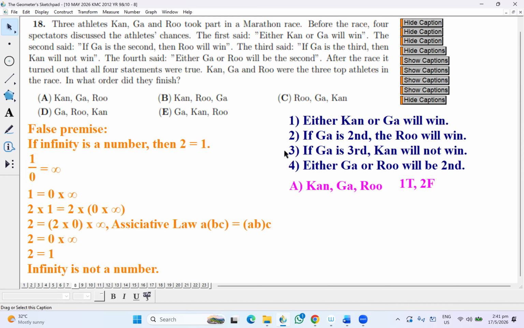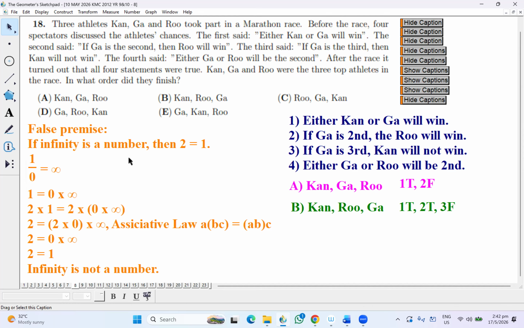So that means A is out. All four must be true. A is out. So order B, Kang, Ru, Ga. First statement, true, because either Kang or Ga wins. Kang wins, okay, true. If Ga is second, Ru will win, but it never happened. Ga is not second, so anything you say also okay.